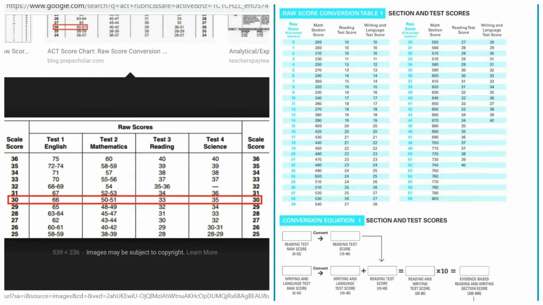For reading, that's even less. It's 5 questions between a 25 and a 30 for reading. Right, so for English, to go from a 25 to a 30, you have around 7 or 8 questions. So you can break it down to see how many questions you need to get in each section, and then see how you're going to gain those questions based on the strategies that we're going to talk about in the latter half of this module.